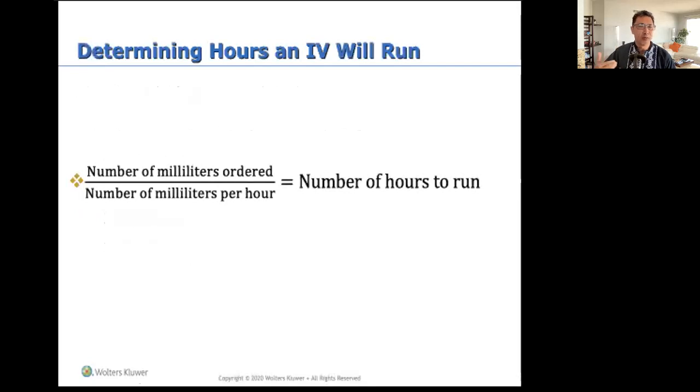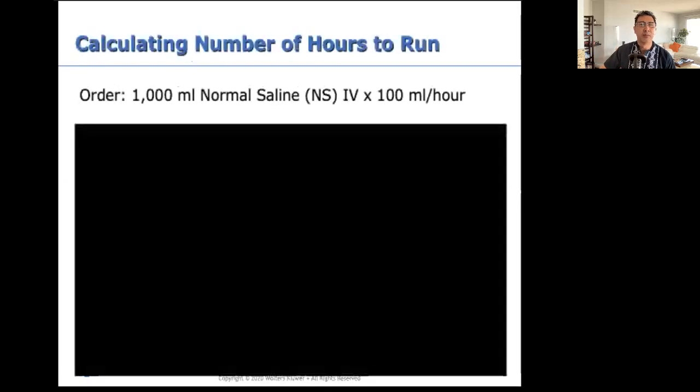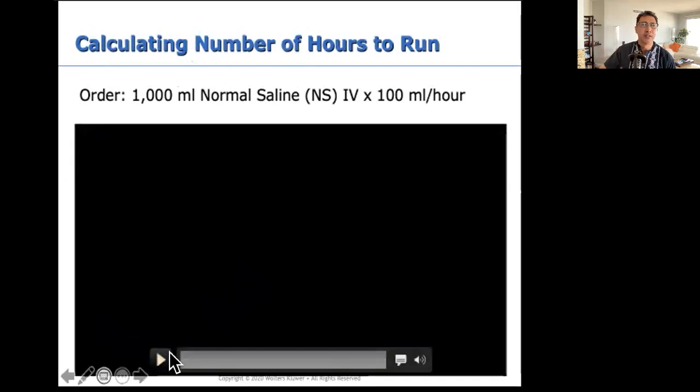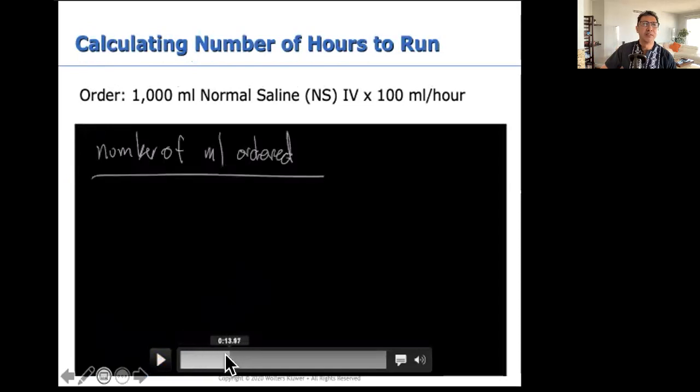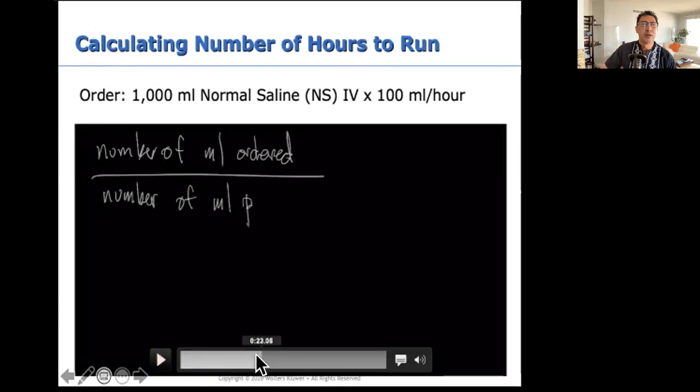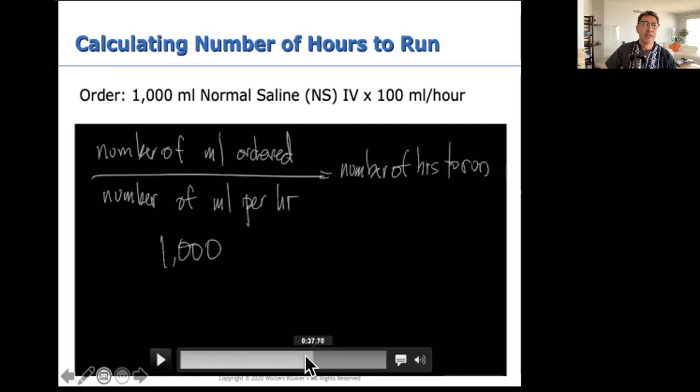Now we need to determine how long this IV will run. Is it going to run for 10 hours, 24 hours, 18 hours? I don't know, so let's calculate that. The order says 1,000 ml of normal saline to infuse at 100 mLs an hour. Here are my numbers: mLs ordered over number of mLs per hour, which will tell me how long this infusion is going to go.